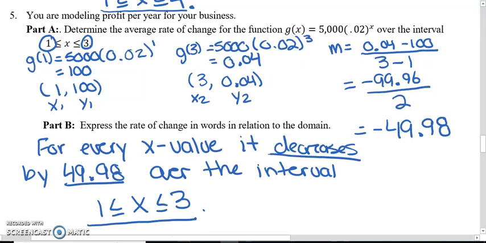Again, I underlined the phrases that usually are the only things you're going to be changing. You're going to be changing whether it's decreasing or increasing, by how much, and over the interval that they're asking you to solve for. So this concludes our notes.